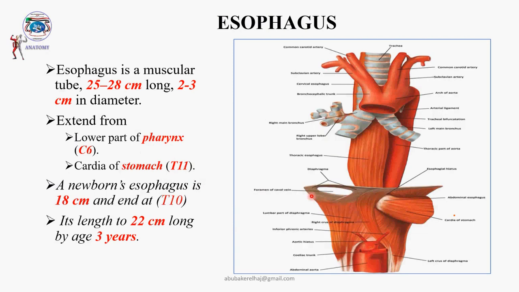The esophagus differs a little bit from the trachea. It is a muscular tube, that means it consists of muscles.